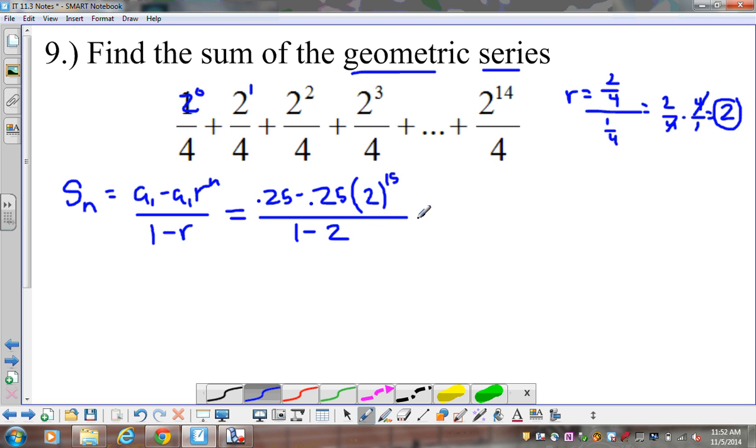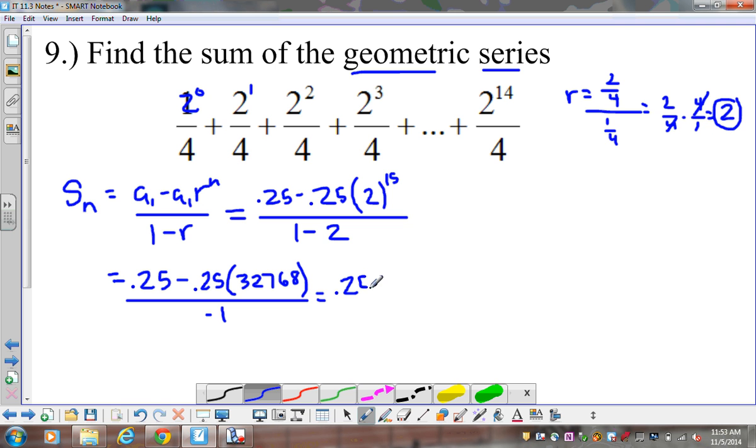All right, let's simplify a little bit here. I've got my 0.25 minus 0.25 times 2 to the 15th power, which is 32,768, all over 1 minus 2, which is negative 1. Now let's take 0.25 and multiply it by 32,768.